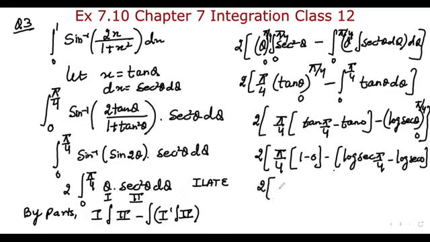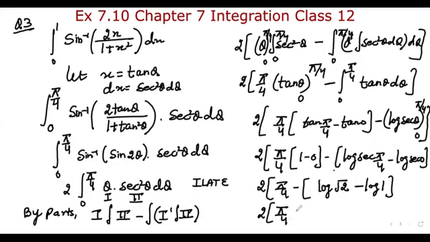So this will be 2 into pi by 4 minus, sec pi by 4 is root 2, so this is log root 2. Sec 0 is 1, so minus log of 1. So this will be 2 into pi by 4 minus, we know log 1 is 0, so this is log root 2.